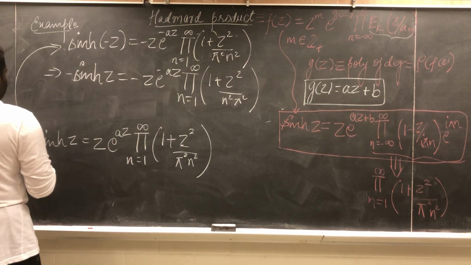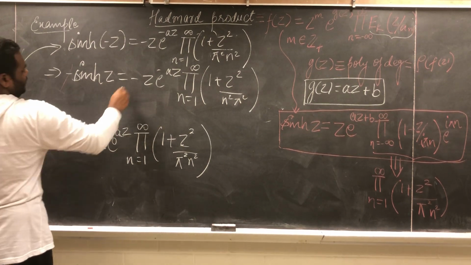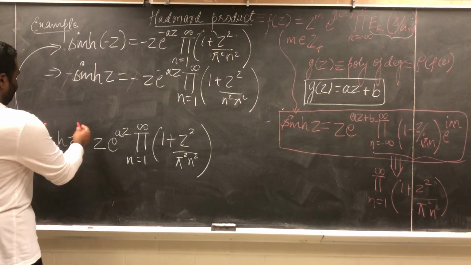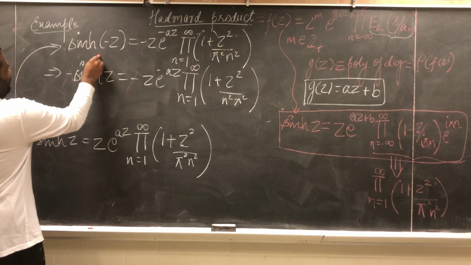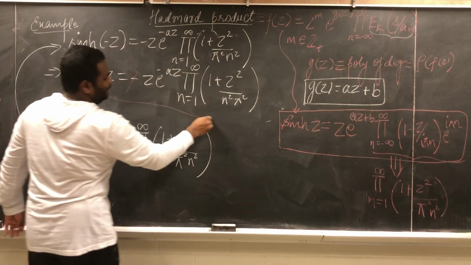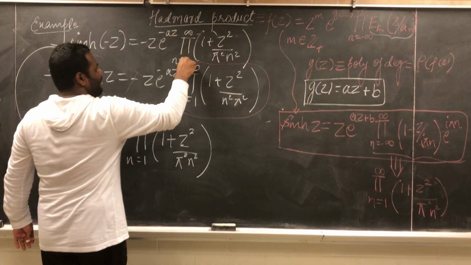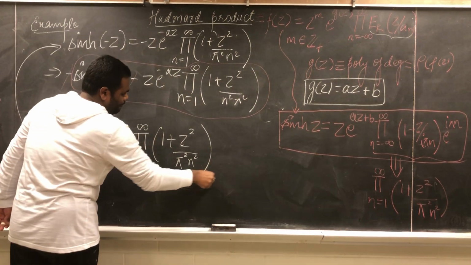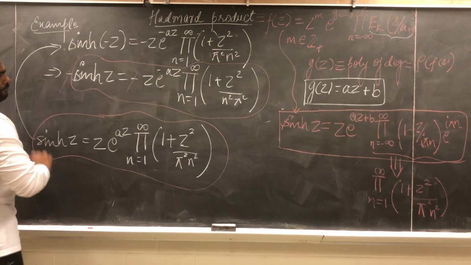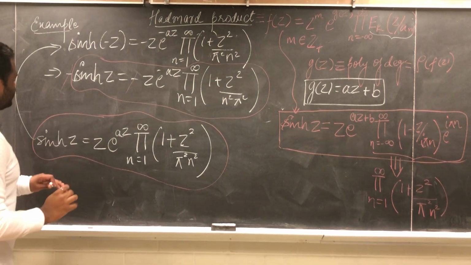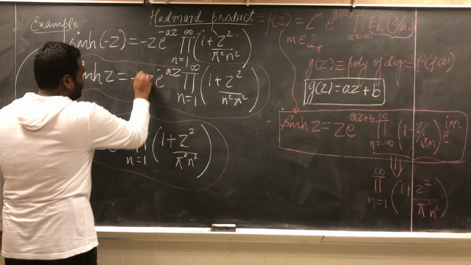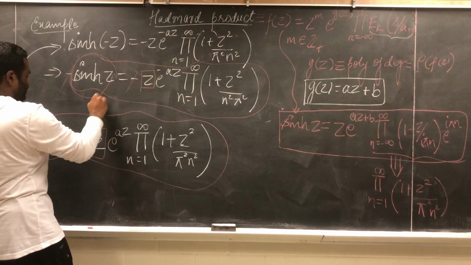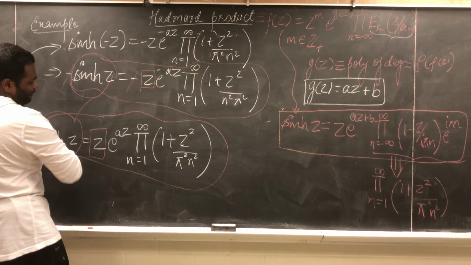Now you can see that this negative cancels out, right? Now if you compare, I'm going to compare this thing with this. Okay? So you can see that this z is the same as this z, because all this thing is the same as this thing, right?